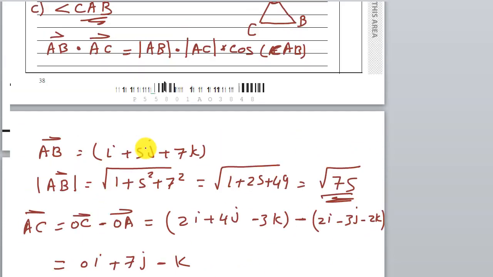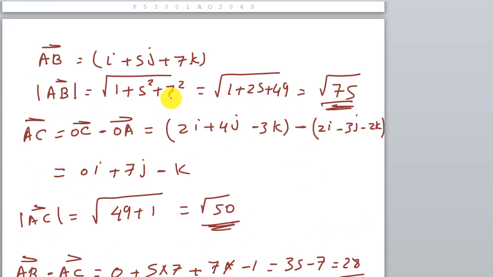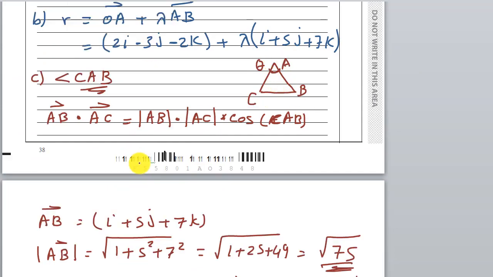Let us go ahead to another part. Hence, find the area of the triangle CAB, giving your answer to 3 significant figures. If this is again the triangle, the area of this triangle is half AC multiplied by AB multiplied by sin theta.